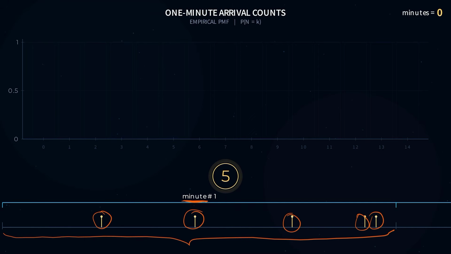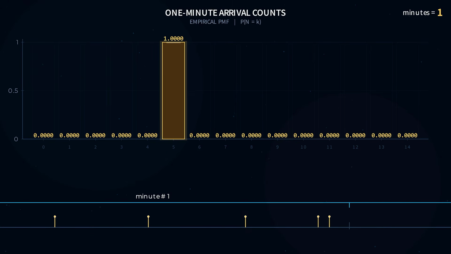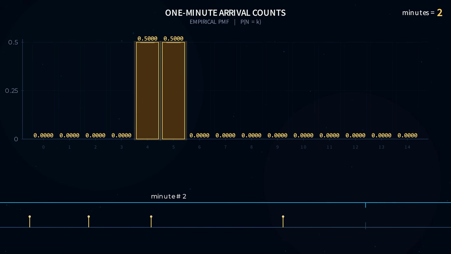Since I am simulating these arrivals, I should disclose that I am using an arrival rate of 3.6. In other words, 3.6 arrivals should be expected per minute on average in this random Poisson process. But we don't know that, and all we're observing is how many arrivals we have during each minute, and that's what we're noting down.